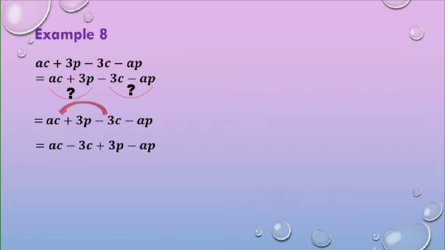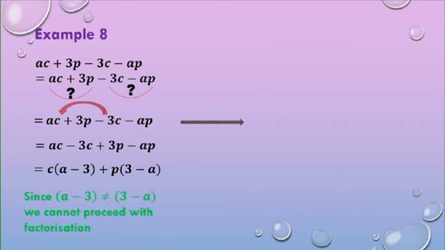Let's take one more example where we're going to interchange the position of two terms, and we are not going to have the same brackets in the two groups. Since we cannot proceed in factorization, we are going to interchange the other two algebraic terms.